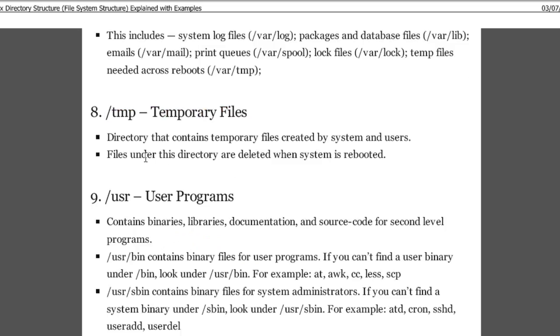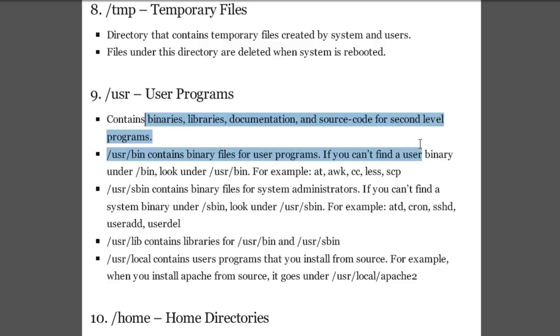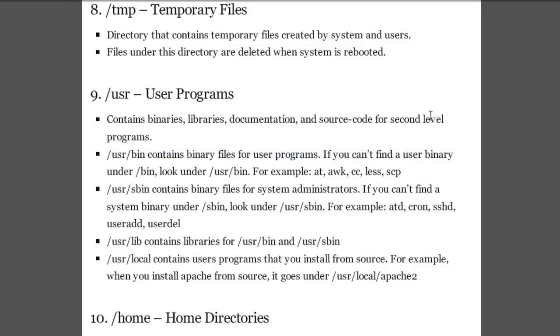Files under this directory are deleted when the system is rebooted, so to make them persistent we need to mount and so on. I will show it later. After that, /usr holds user programs, various binaries, libraries, documentation, and source code.